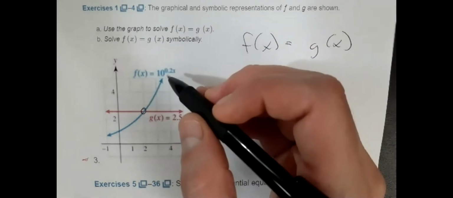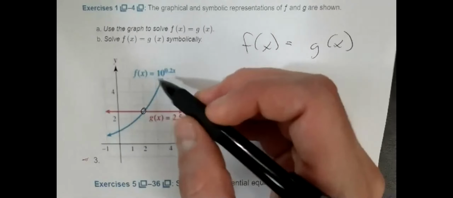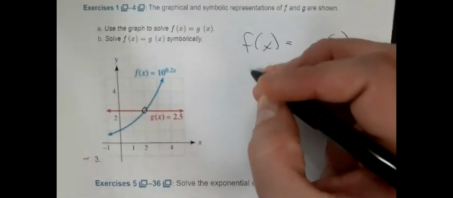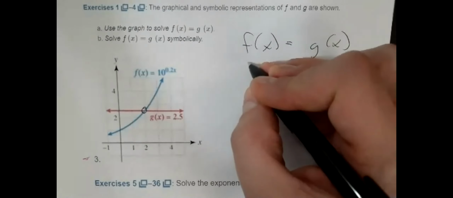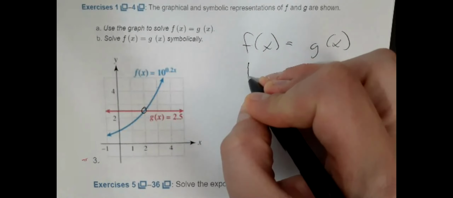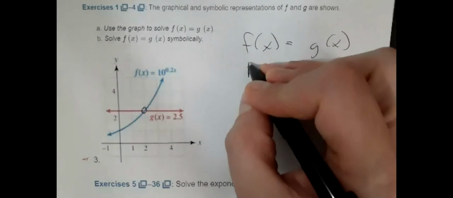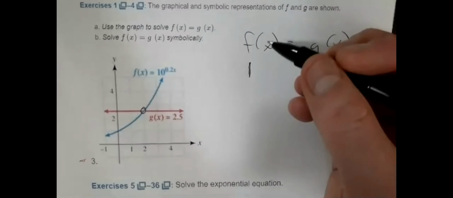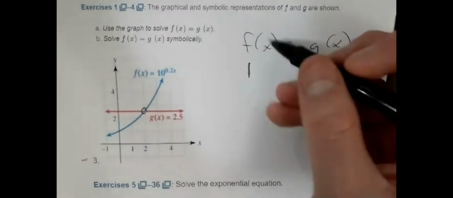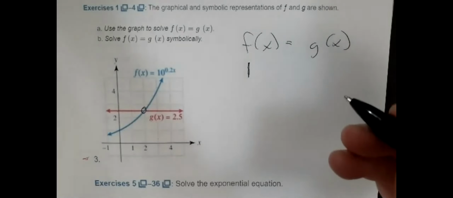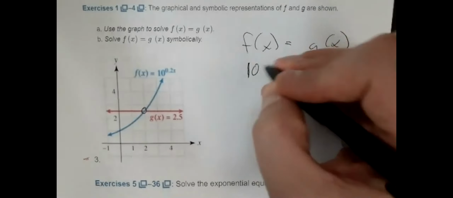It's not a straight line. Yeah, but symbolically, what does it look like? How would I write it symbolically? An exponent. Yeah. Is there another way that I can write this? It's 10 to the x. I can write it as 10 to the 0.2x.